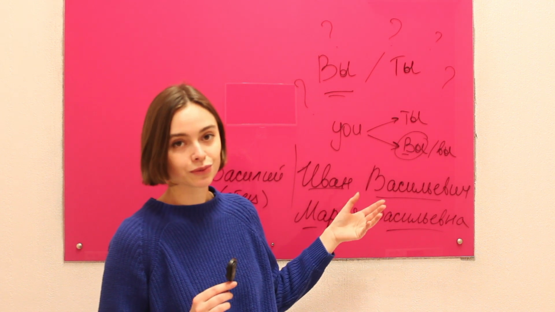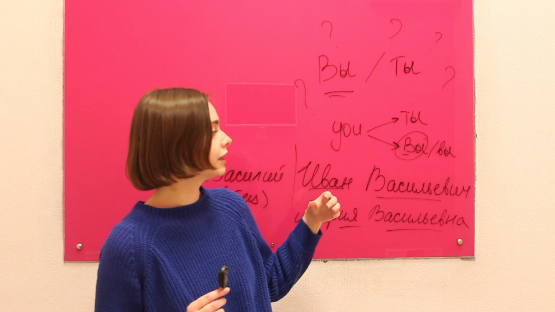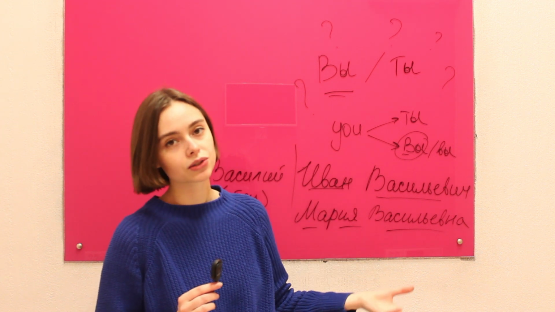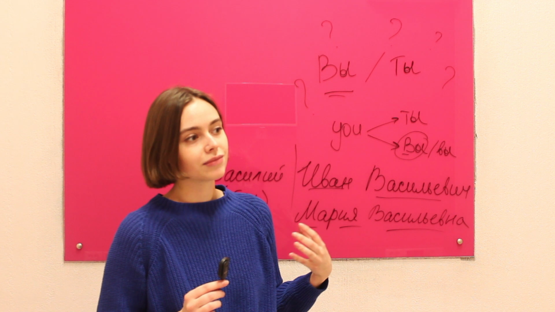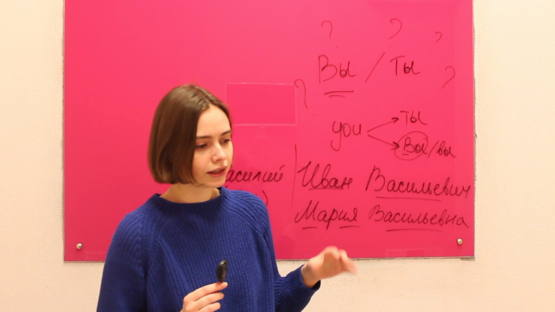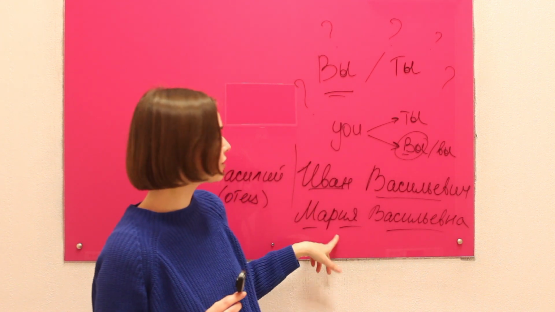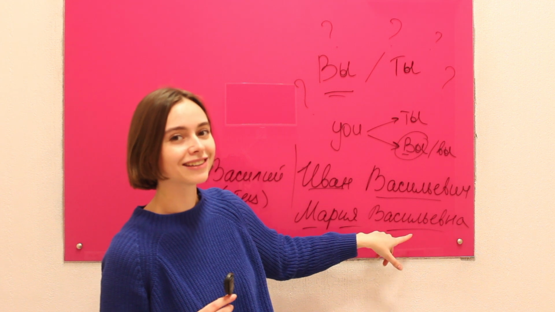Also, if you're addressing people politely, if they are your teacher, your boss, or they're just much older than you, maybe their social role is above that of yours, then you should use the first name and the patronymic, the father's name.